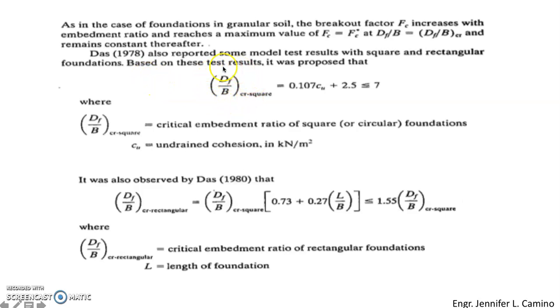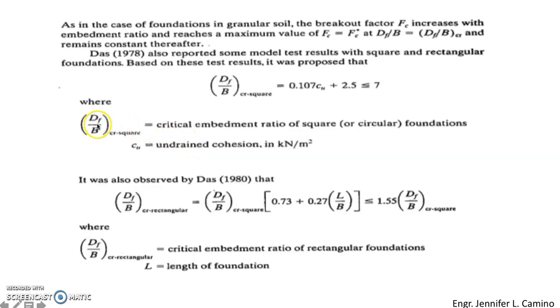Based on those results, he has this equation: the critical value of the ratio between the depth of embedment and the width of the foundation for a square foundation should be less than or equal to 7.